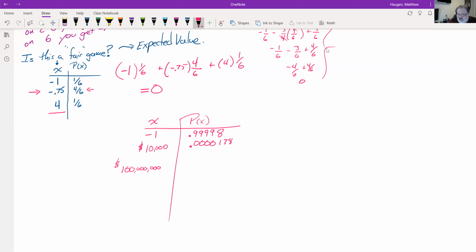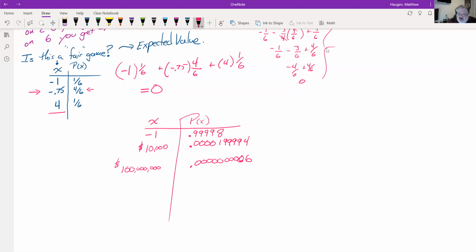Well, it's usually not even that good, frankly. Chance of getting the 100 million, 0.00000000006. So a tiny probability that you'll get that $100 million.